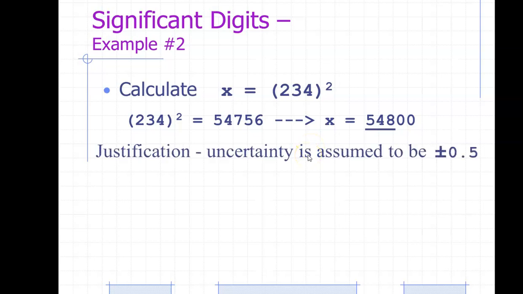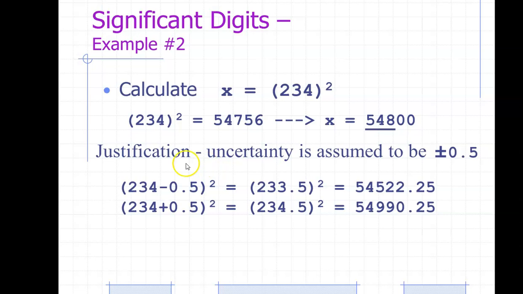The justification for uncertainty is plus or minus 0.5. Here's an example. Suppose it's uncertain by half. So suppose it were 234.5 and you squared it. You can see you get different numbers. If we round them, that's my doubtful digit.